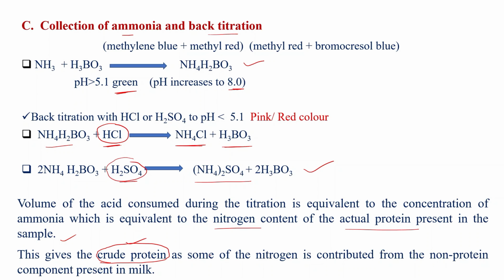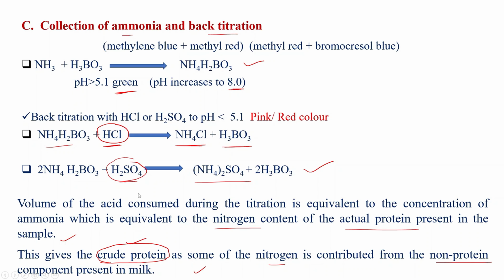Why is it crude? Because apart from protein nitrogen, some non-protein nitrogen also forms part of the nitrogen content. So we are having nitrogen coming from non-protein nitrogen sources like urea, ammonia, creatinine, citrulline, or some amino acids.